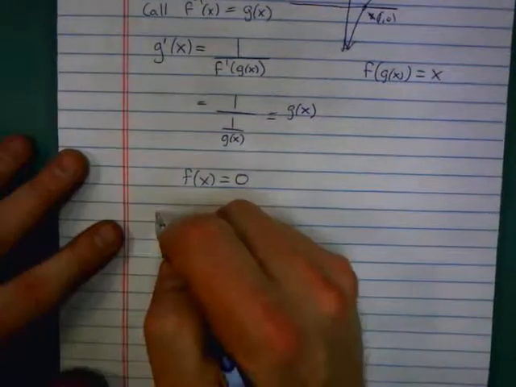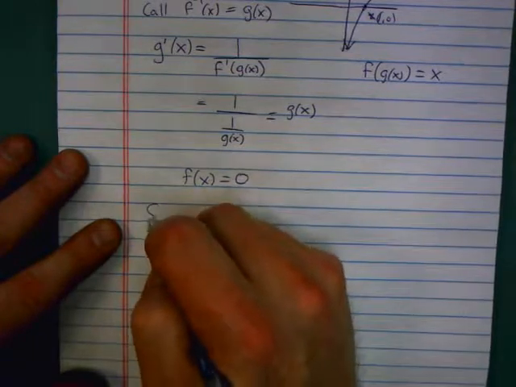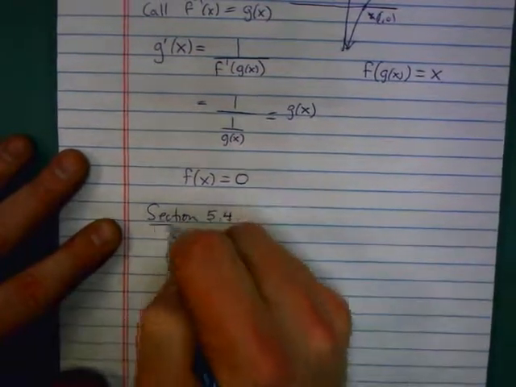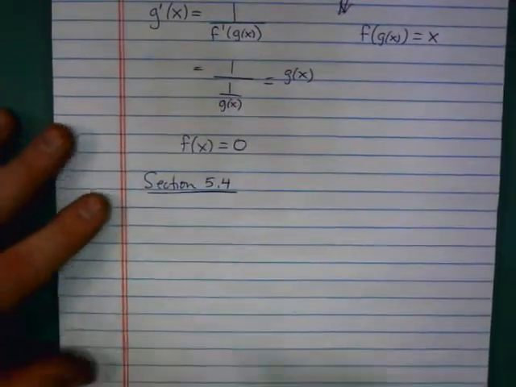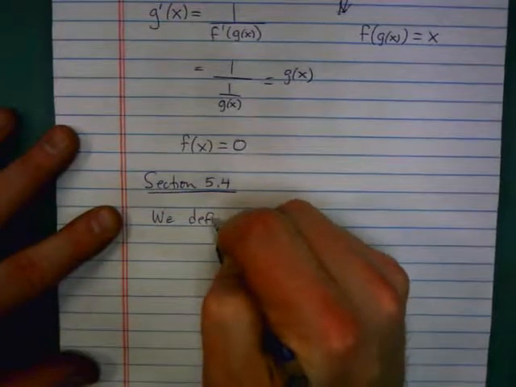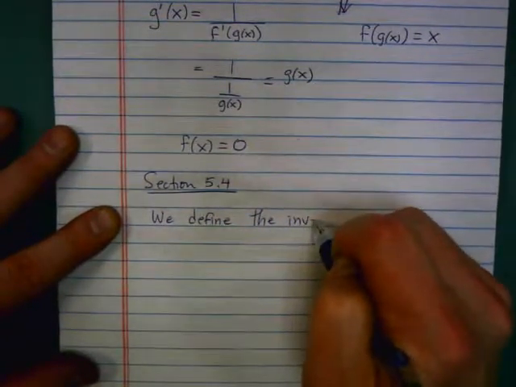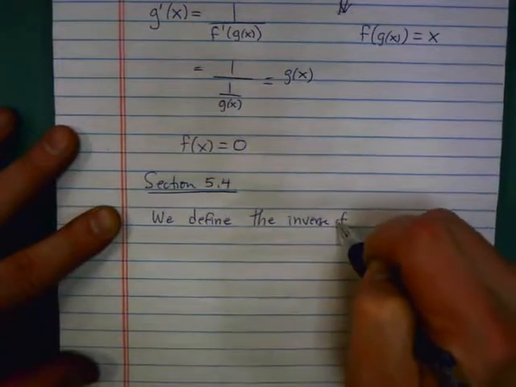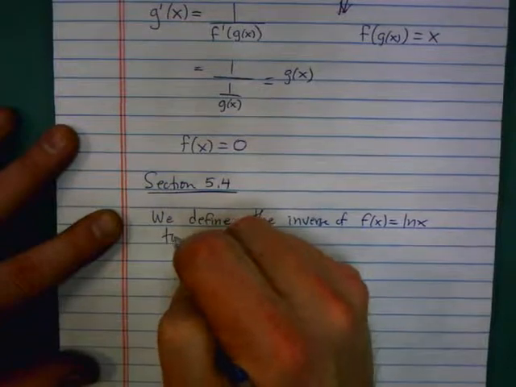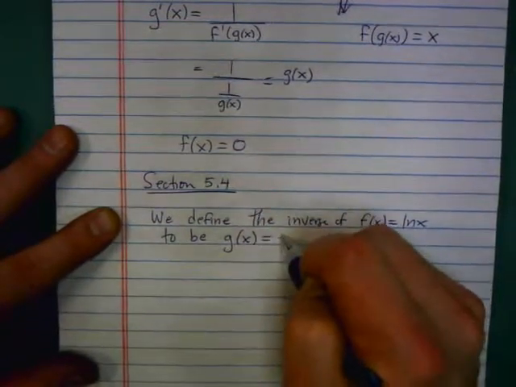All right, this leads us directly into section 6.4. Or 5.4, I mean. Section 5.4. We define the inverse of f of x equals ln x to be g of x equals e to the x.